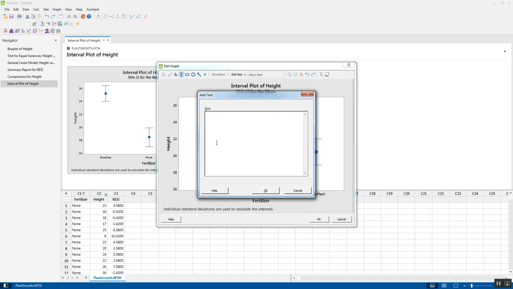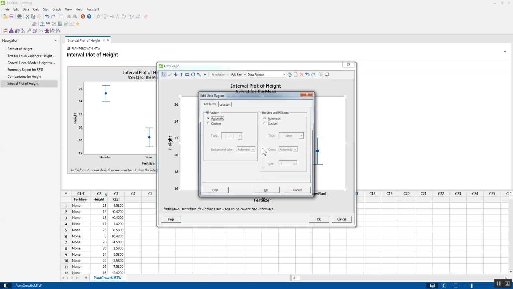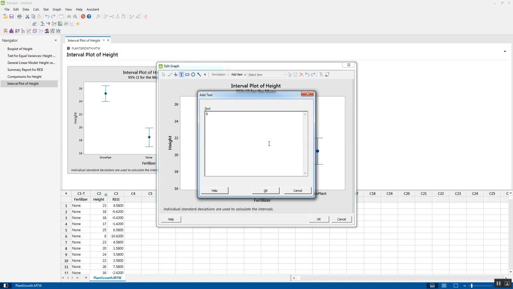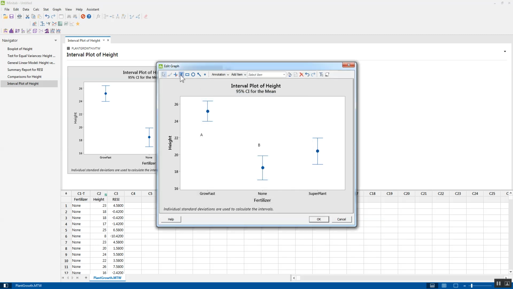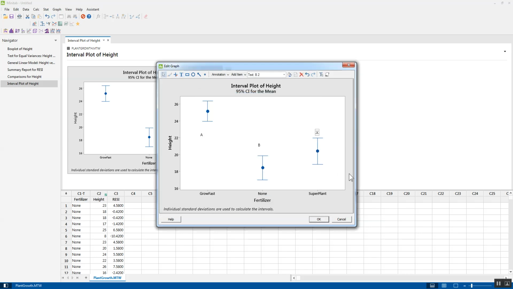There we go. So I'll put in an A there. And I'm going to put a B there. And another B there. I now need to copy that text across saying means that do not share a letter are significantly different, etc. And just start polishing up this graph.